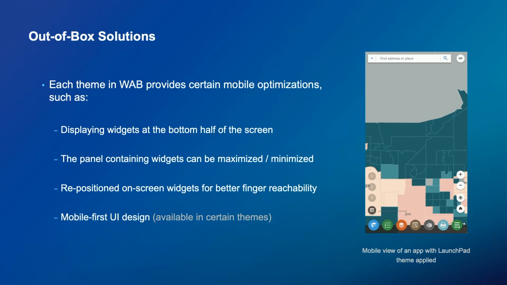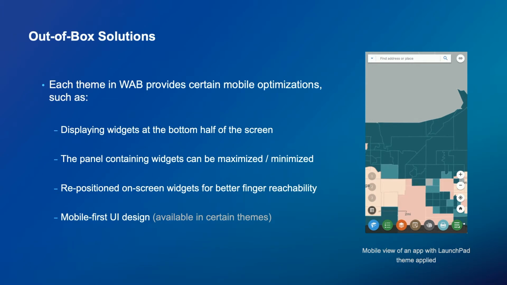In pretty much all the Web AppBuilder themes, first they display the widgets at the bottom half of the screen, taking about half of the screen size, and the map takes the other half. The second one is that the panel that contains the widgets can be minimized or maximized. And some of the on-screen widgets are repositioned for better finger reachability.